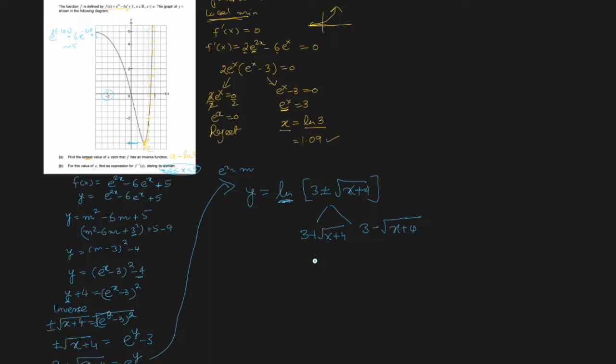So which one works out of these two? If you remember, this y is the inverse we are trying to find out, right? And f inverse x is nothing but x in the original function, which is here. It was ln 3, if you remember, right? Which one will give you ln 3 and less? Because it is ln 3 here in this function. If you look at the graph, this is ln 3.